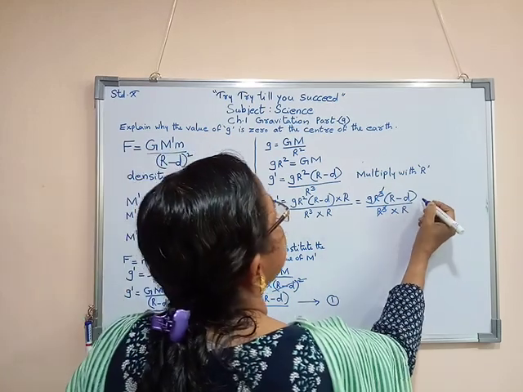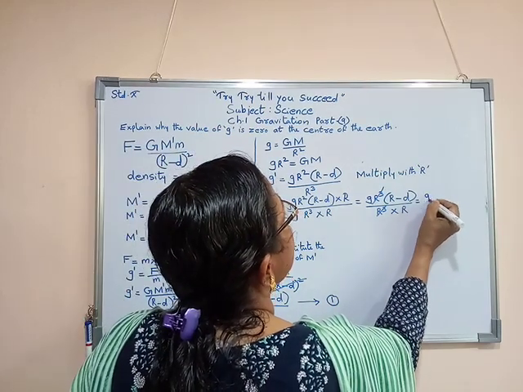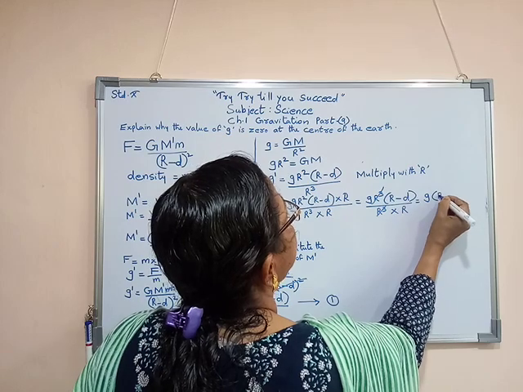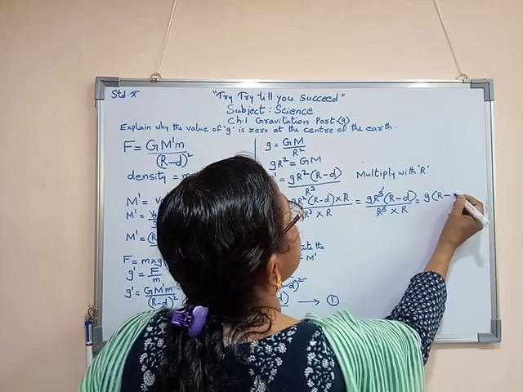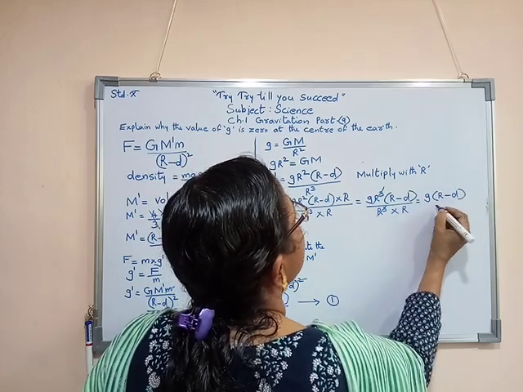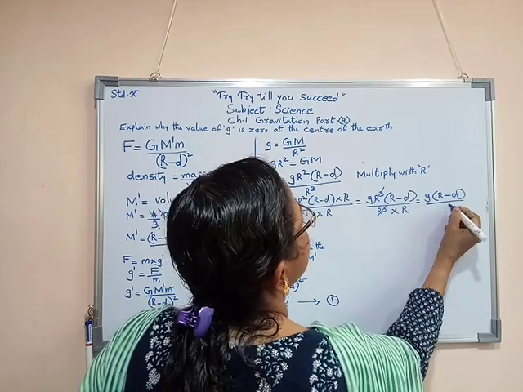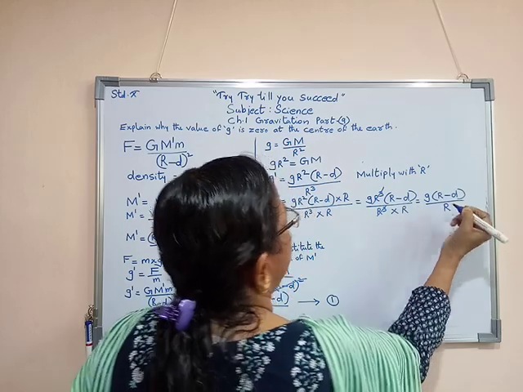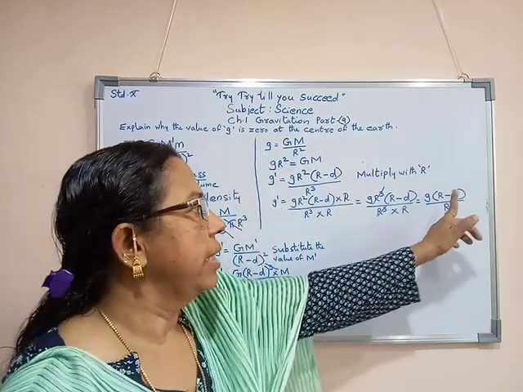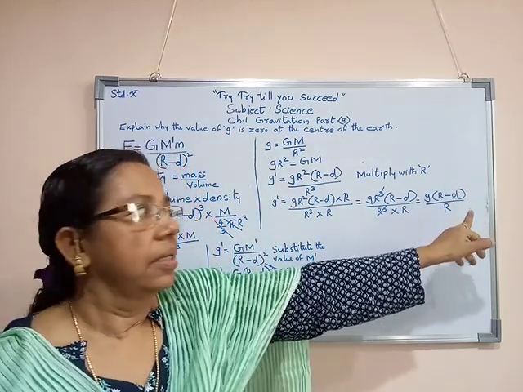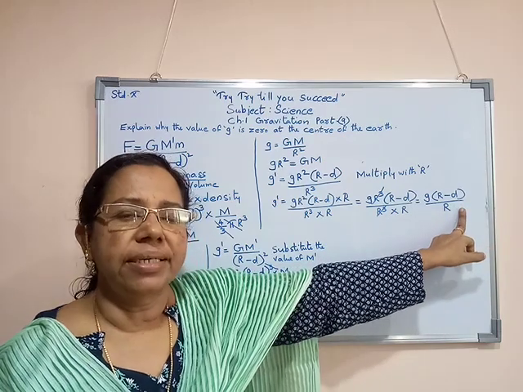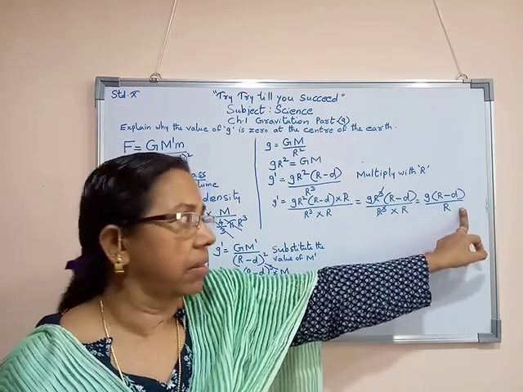Then what will be our answer? G into capital R minus D upon capital R. Here the D is the distance of the object from the surface of the earth.